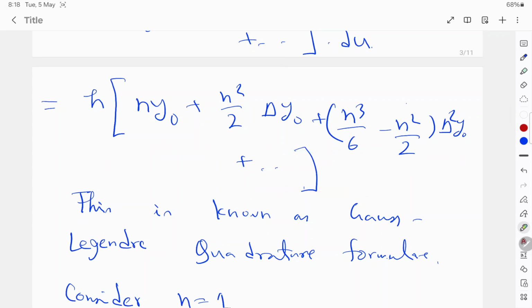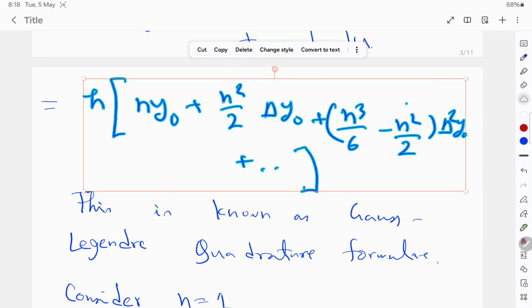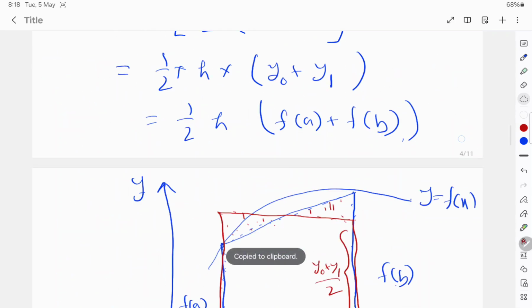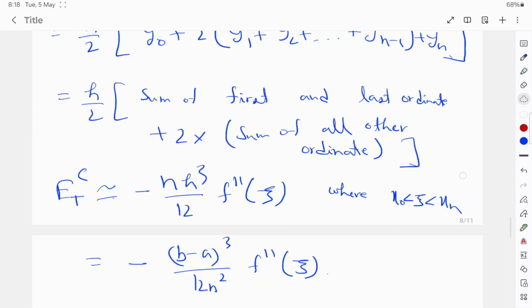Now if you substitute n equal to 2, then you have to take terms up to this one. Because whenever n equal to 1, this term has no role, but for n equal to 2 you have to take it. So if you substitute n equal to 2, what will you get? I am copying this for your better understanding.